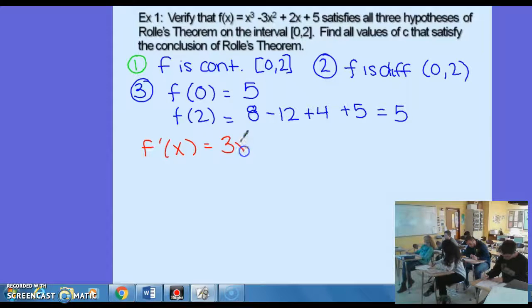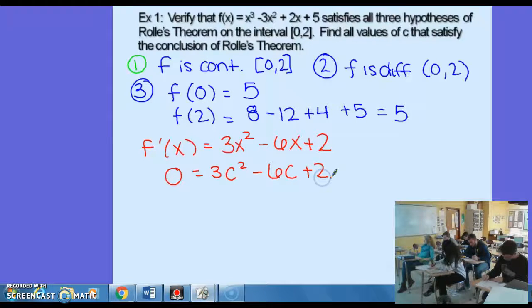So 3x squared minus 6x plus 2. And then f prime of c will equal 0. So we're going to turn this to a 0, and turn all those x's to c's. And then we're going to find that c that exists between 0 and 2.